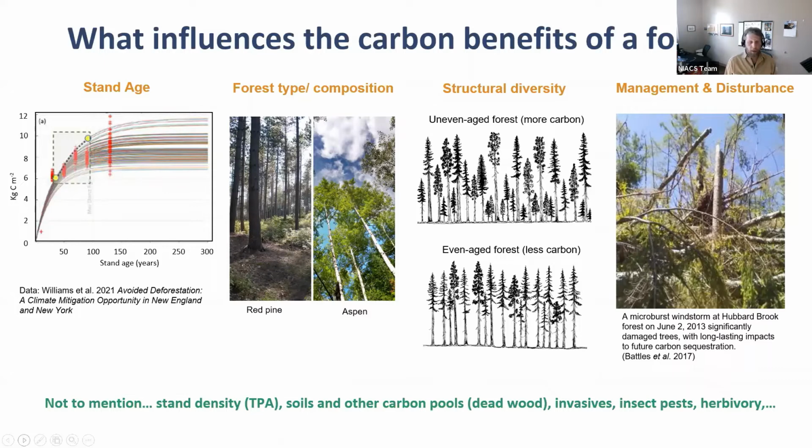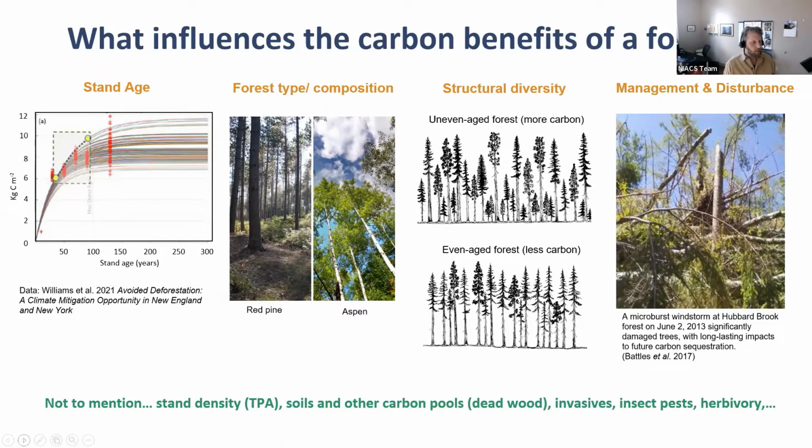Of course, forest type and forest composition can make a big influence. And even within a particular forest type, species composition can vary, and that can influence carbon stocks and sequestration rates as well.